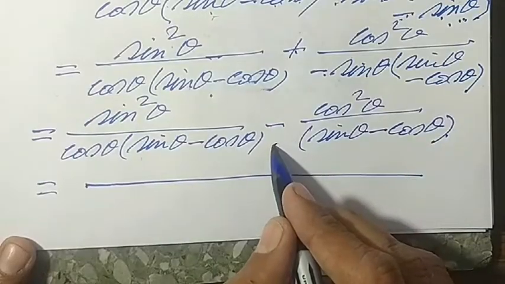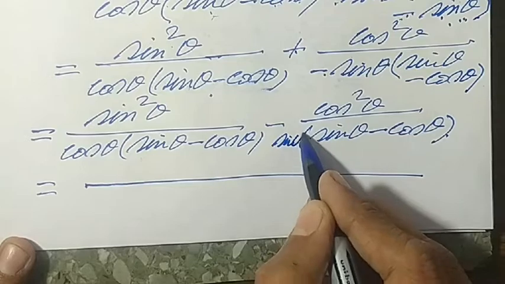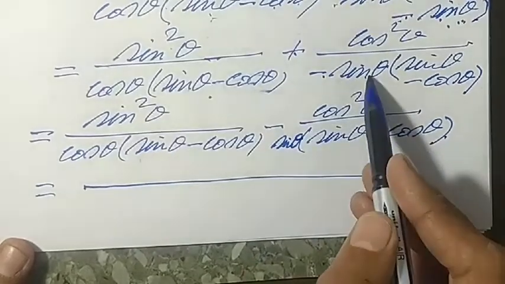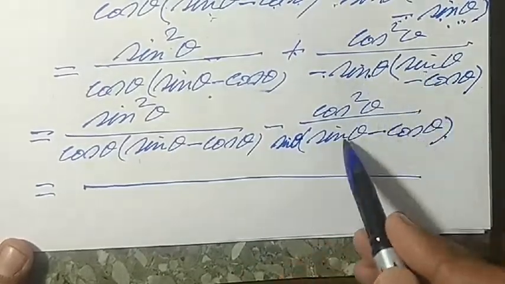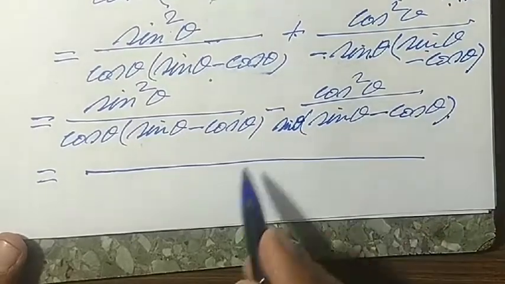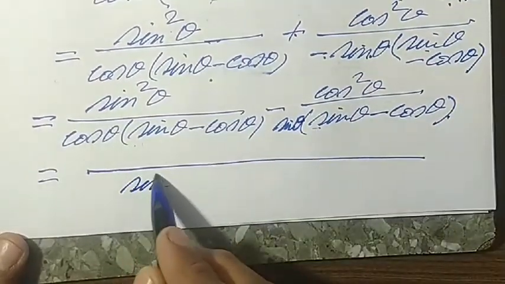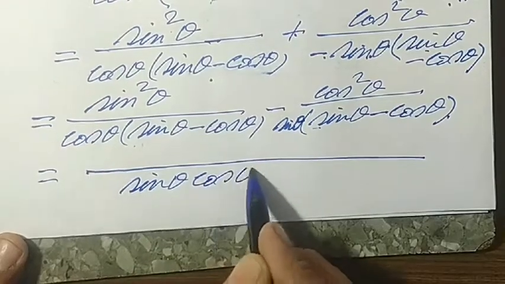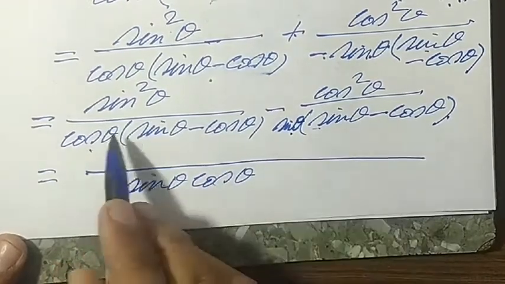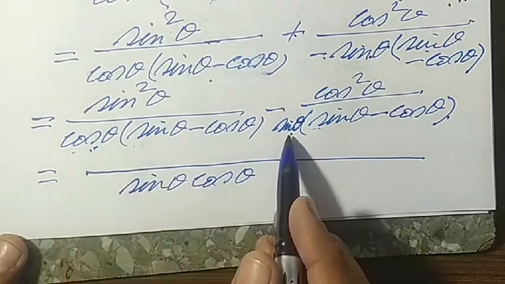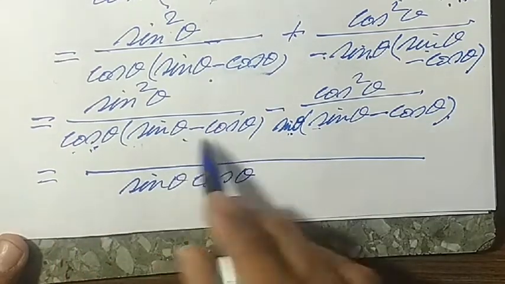Forgot to write sine theta over here, because there was sine theta outside, and then this expression. Yes. So if we take LCM of these two denominators, we have sine theta into cos theta, these two trigonometrical ratios outside of the bracket, and this bracket is common.